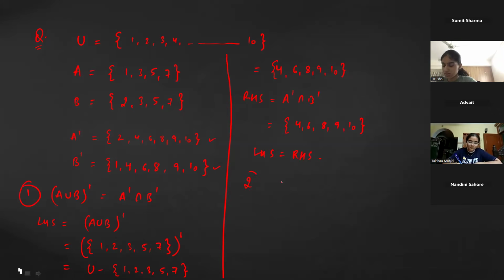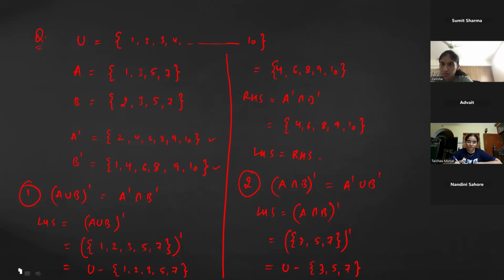Now come to the second one, which is A intersection B whole complement is equal to A complement union B complement. So let us take LHS here, which is A intersection B whole complement. So now A intersection B. First of all, find A intersection B. A intersection B is 3, 5, and 7. And we have to find its complement, which is U minus 3, 5, 7.